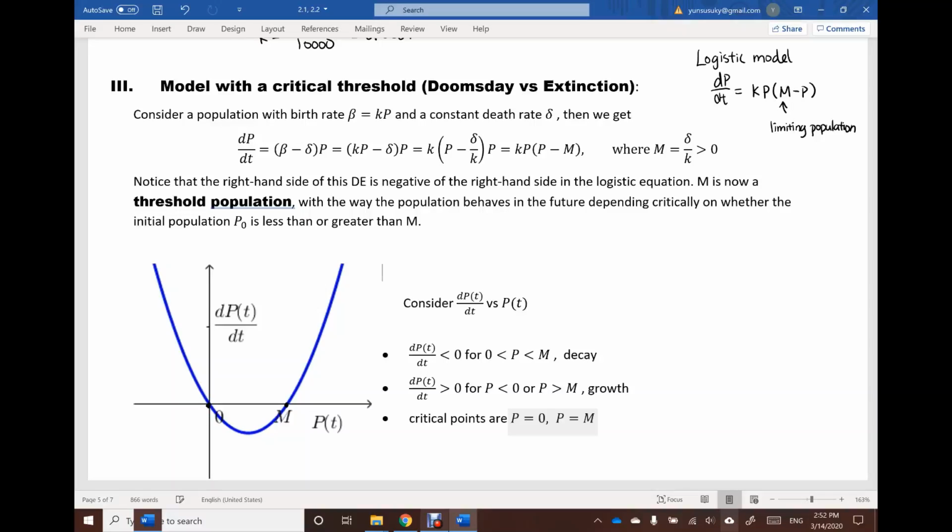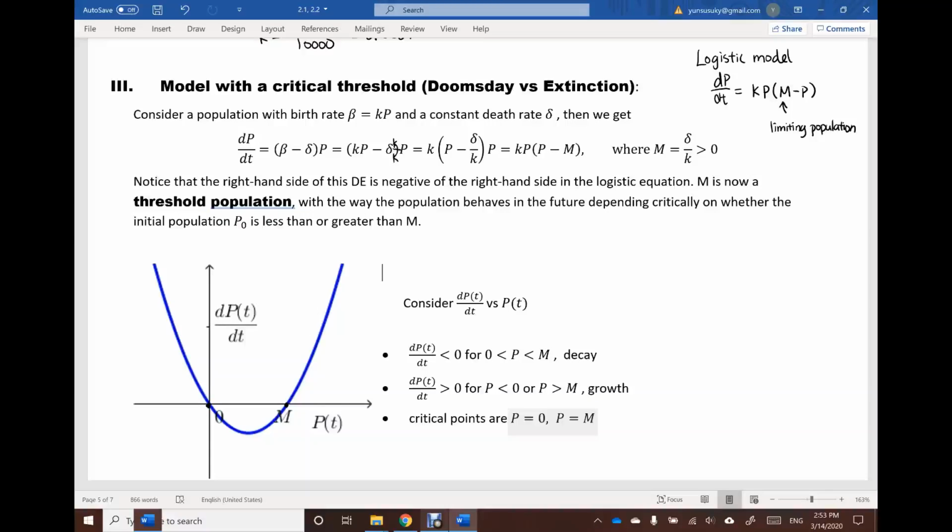Now we consider a population with birth rate beta equals k times P and a constant death rate delta. Then the rate of change is beta minus delta times P. Because beta equals kP and delta is fixed, you can write delta as delta over k times k, and then factor out the k.